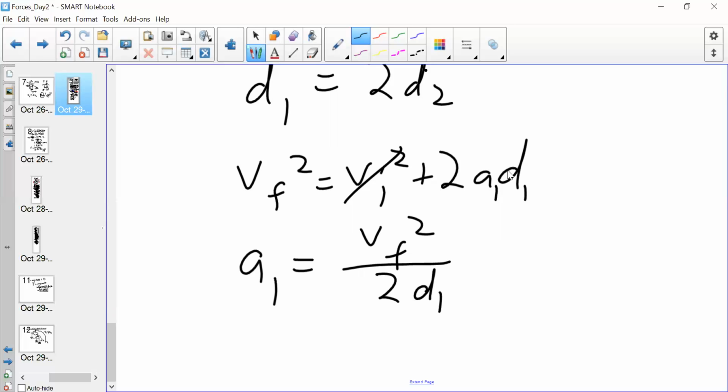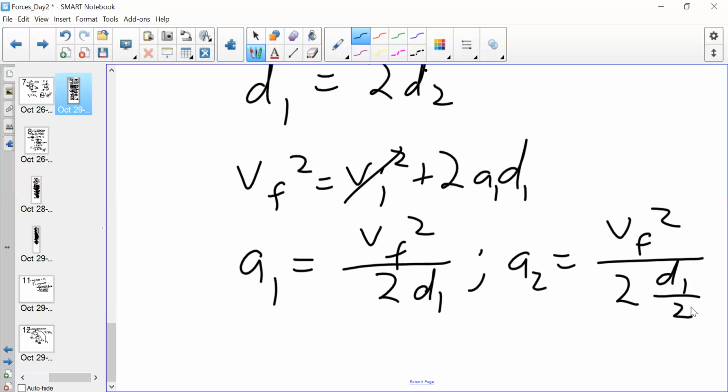And we know that D1 is double D2. A2 then will be VF squared over 2 times D1 over 2, because this here would be D2. If we solve for D2, then D2 is going to be equal to half the distance of D1. D2 falls 1, and D1 moves through 2 meters total.